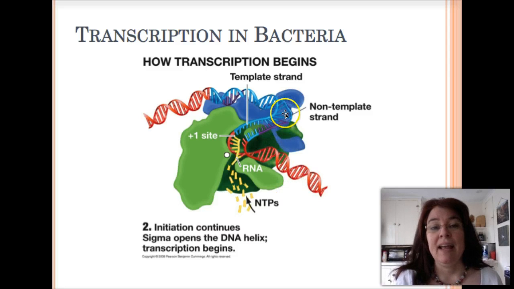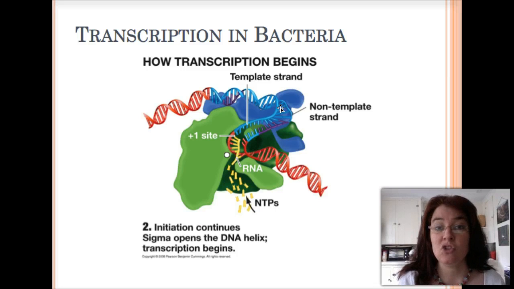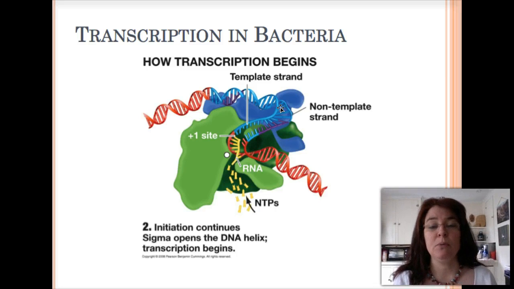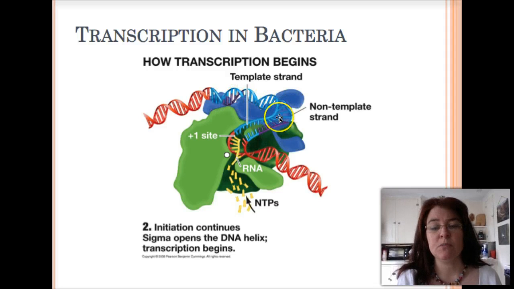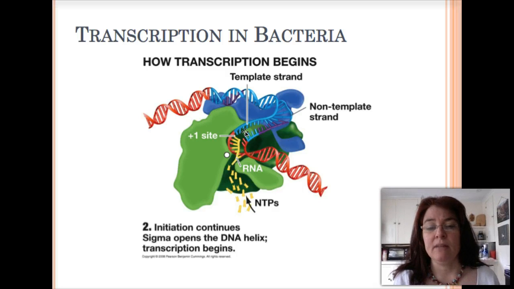The other thing that's going to happen during initiation is that the double helix is going to open. Sigma allows for this positioning of the template strand into one of these channels within the core, and it's through that positioning, through the channel, that the DNA will be broken open. Remember, where you see blue here, this represents promoter. This is not a part of the DNA that's going to be transcribed.